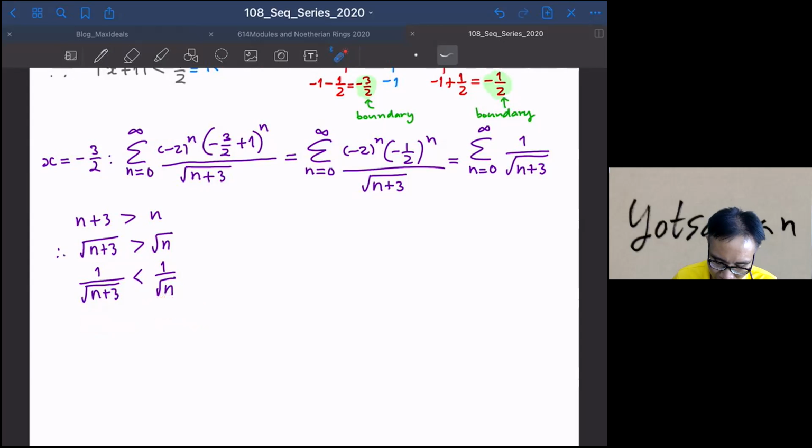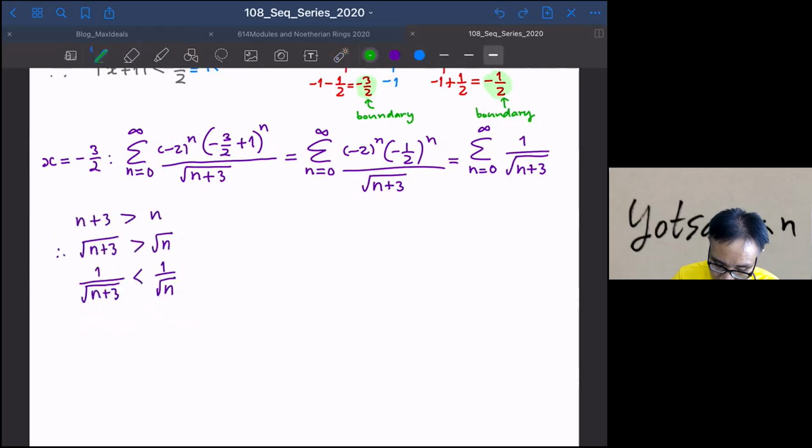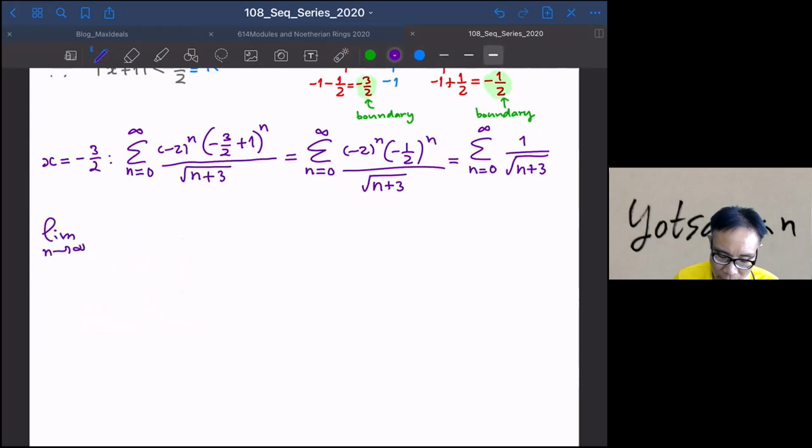However, it's not going to be far from 1 over root n. So you're going to try to use the limit comparison test. You're going to find the limit as n goes to infinity of 1 over root n plus 3, over 1 over root n for bn.